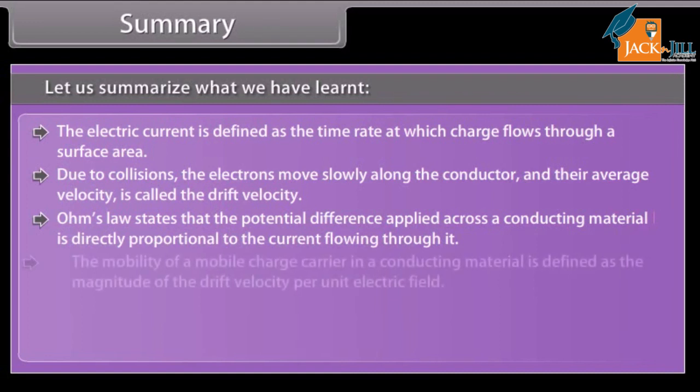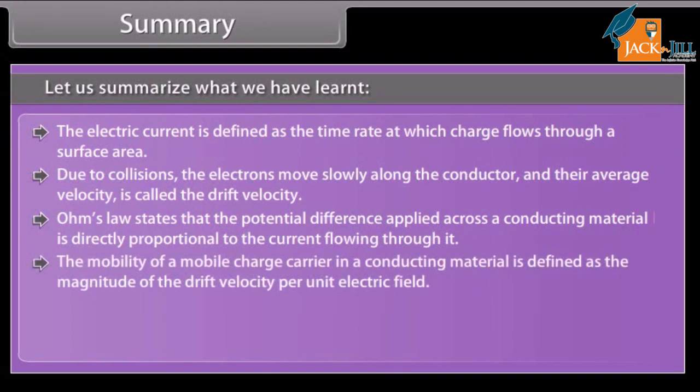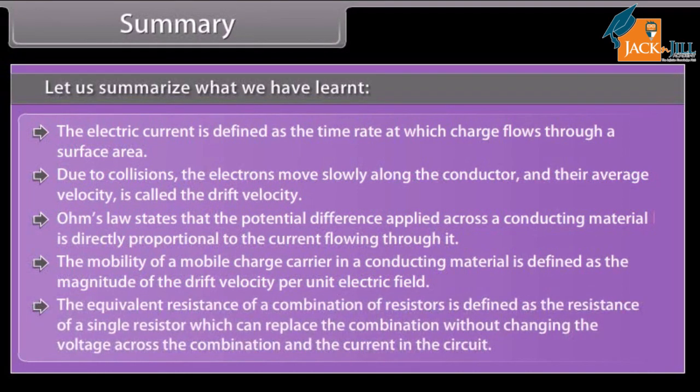The mobility of a mobile charge carrier in a conducting material is defined as the magnitude of the drift velocity per unit electric field. The equivalent resistance of a combination of resistors is defined as the resistance of a single resistor, which can replace the combination without changing the voltage across the combination and the current in the circuit.